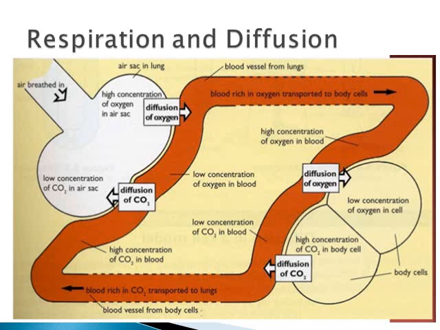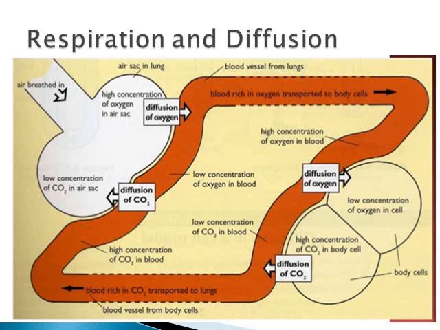So it's a whole concept map of respiration and diffusion, of how oxygen gas will be diffused into the blood, and then that blood rich in oxygen will be transported through the blood supply, and where there is a lower concentration of oxygen, the oxygen gas will be diffused outside the blood vessel into the tissues and body cells.